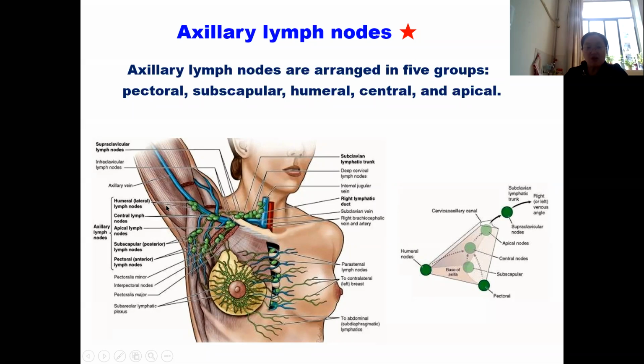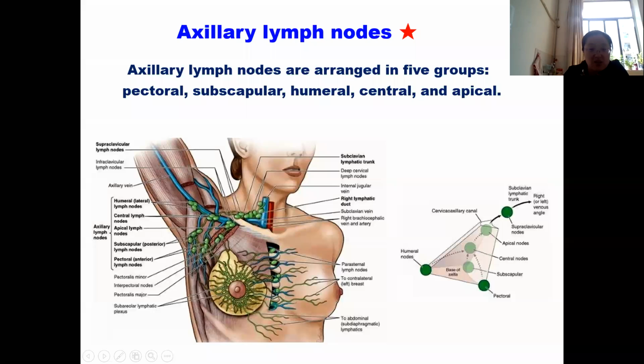The lateral group collects the lymph of the upper limb, and the posterior group collects the lymph of the posterior wall, the abdominal wall. This collects the lymph of the anterior abdominal wall.